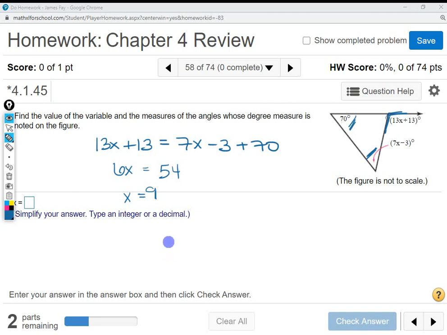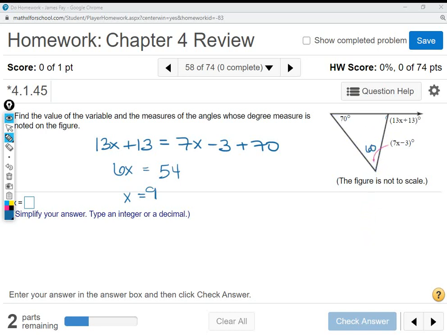So if x is 9, is that all they asked, or they want? There's 2 parts, so they probably want these remaining values. So let's go ahead and plug in. So if x is 9, so this would be 7 times 9. What's 7 times 9? 63 minus 3 would give me 60. Okay.